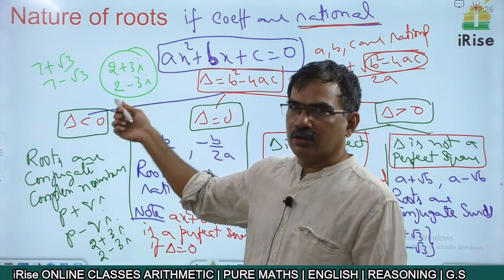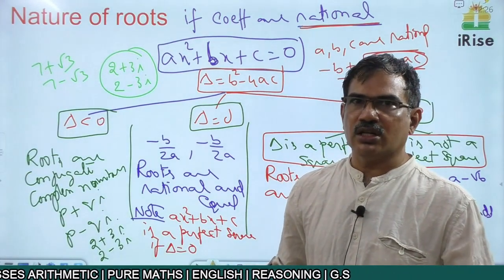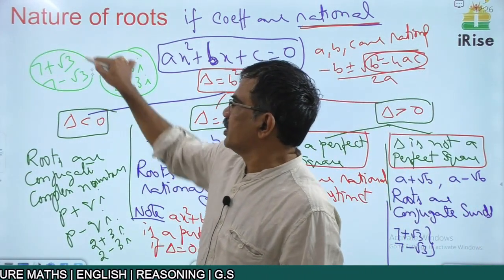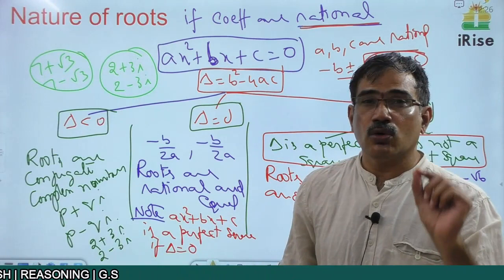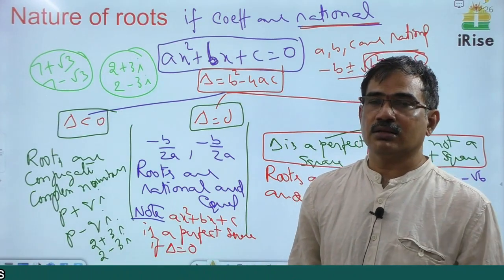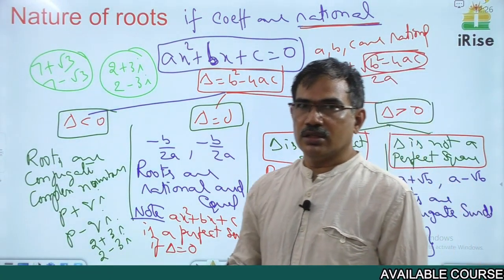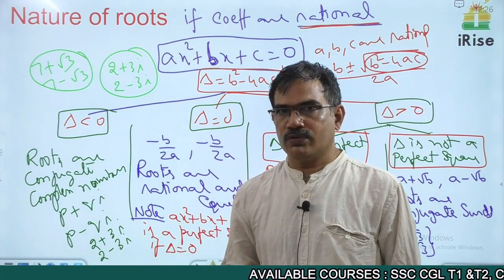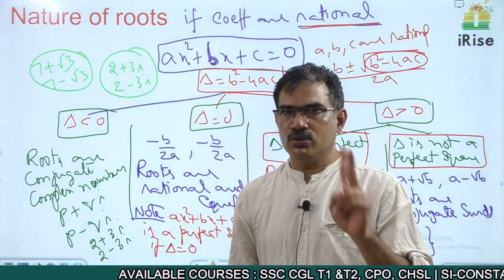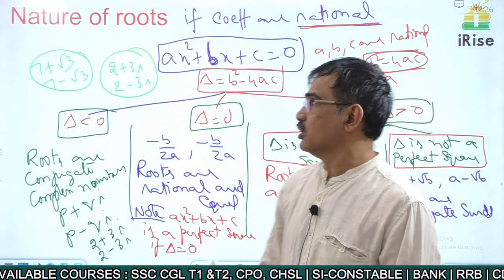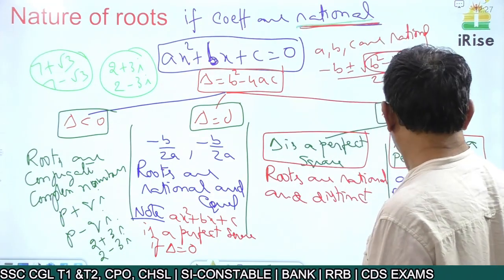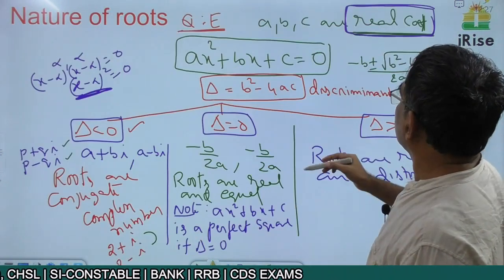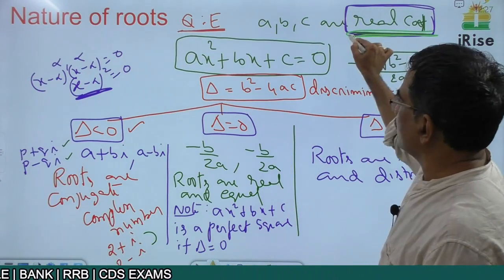This is applicable if the coefficients are either rational or real. So this is about the nature of roots of a quadratic equation. Two cases I have discussed: one is coefficients rational and the previous case is coefficients real.